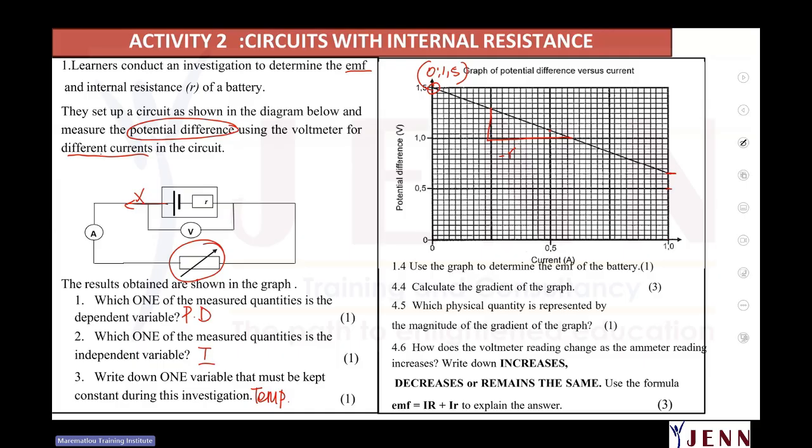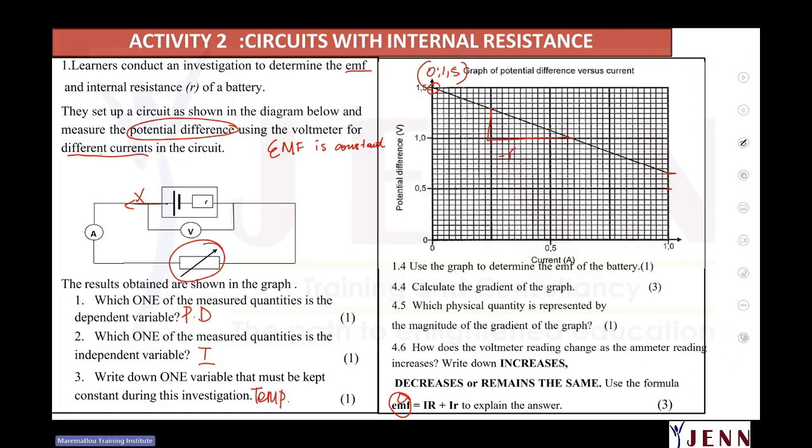Now I'm going to explain it to you very quickly. We said EMF remains constant. Already what you can see, without us even doing any calculation, is that they are inversely proportional.